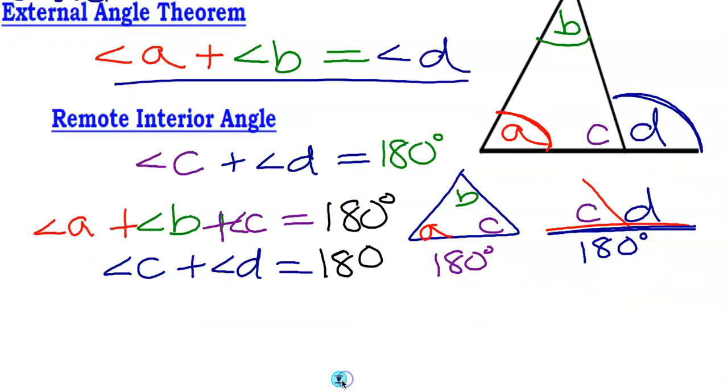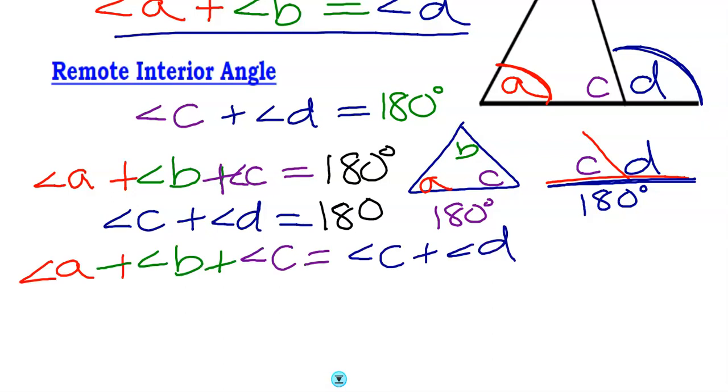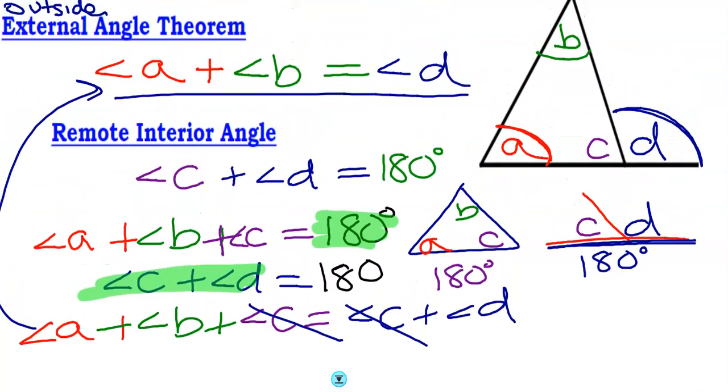So you could actually substitute those to make them equal to each other. So what I did is I plugged this in for 180. I substituted in. And now, if I have two C's, those can cross out, and therefore, I get this problem up here. Okay? So again, that relationship between the 180 degrees makes this possible.